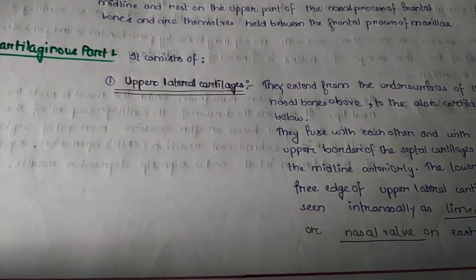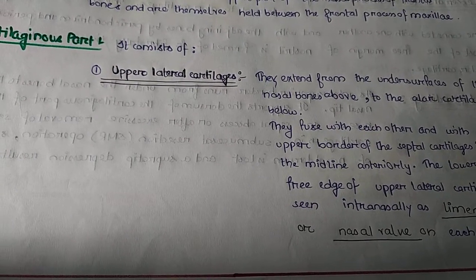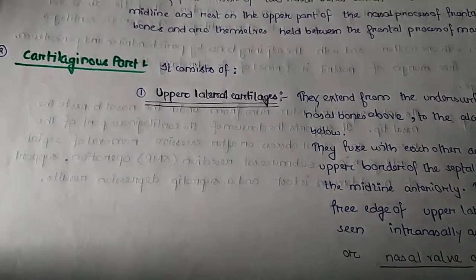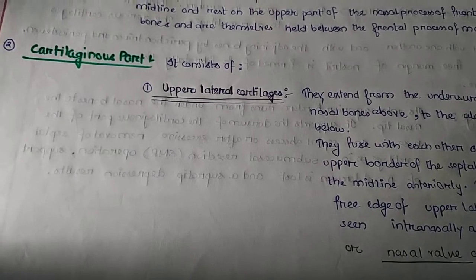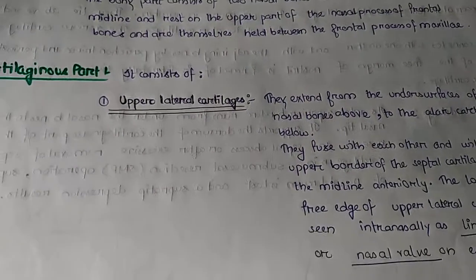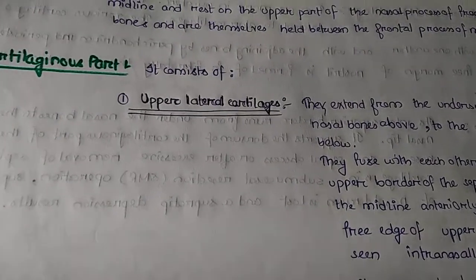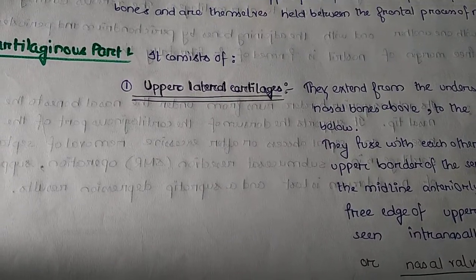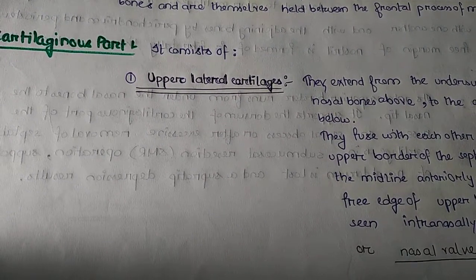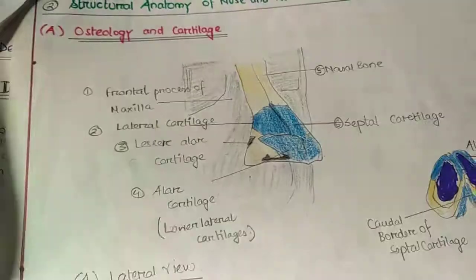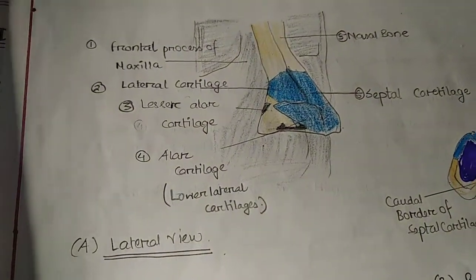Here you can see the description of the upper lateral cartilage. As I have already described, the cartilaginous part consists of the upper lateral cartilages, the lower lateral cartilages, which are also called alar cartilages, the septal cartilage, and the lesser alar cartilages. Here you can see the lesser alar cartilages.